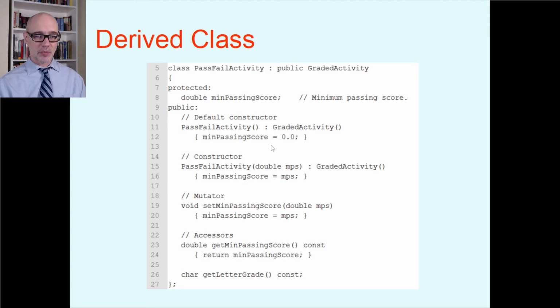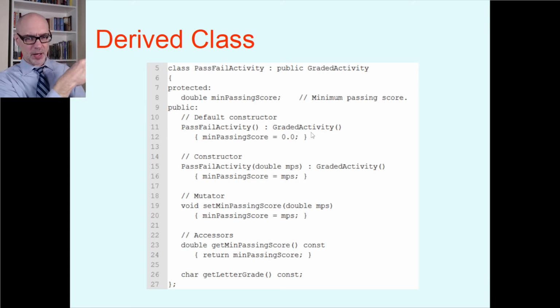Now here, I've got the default constructor for pass-fail activity. Remember, all the public functions in graded activity are automatically part of this class, and we're just adding more functions as well. So we're adding a constructor for the pass-fail activity, and you can see what constructors look like. Here's the colon, which says, as I boot this up, go call the graded activity default constructor first.